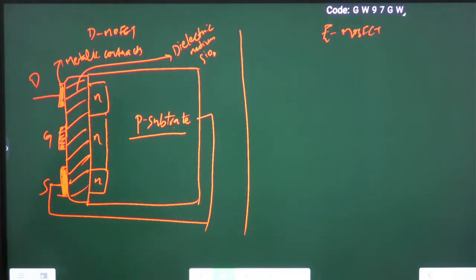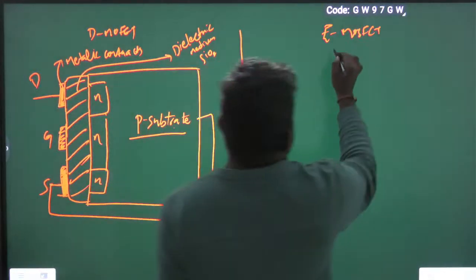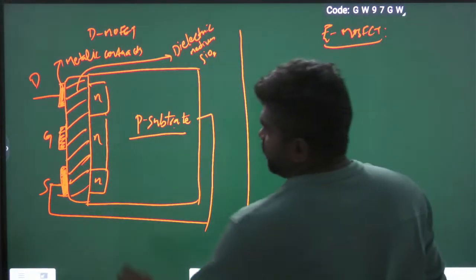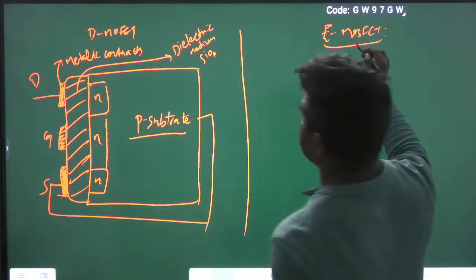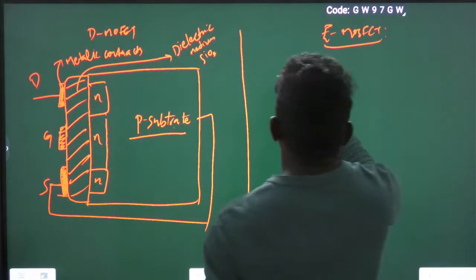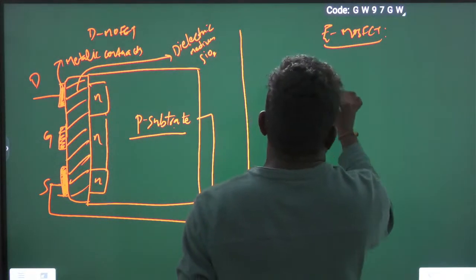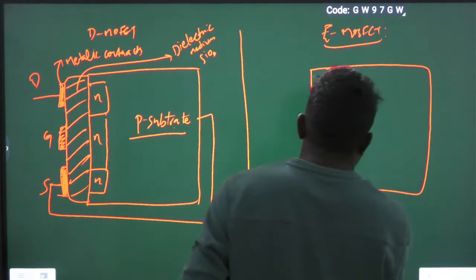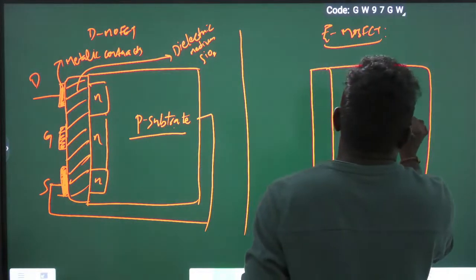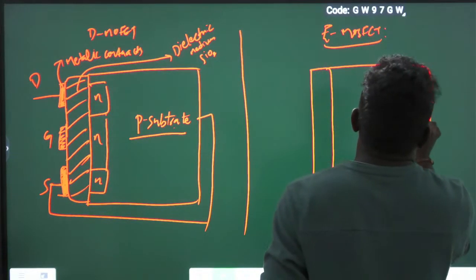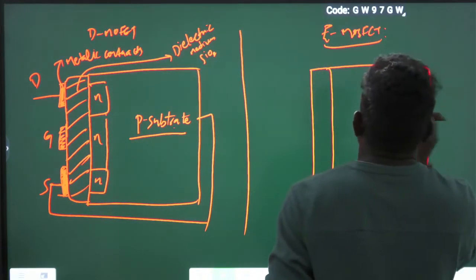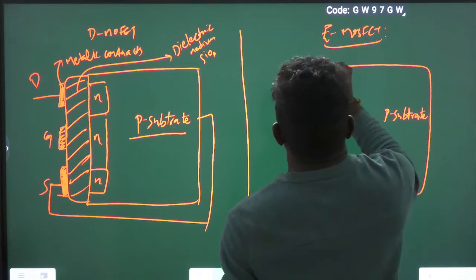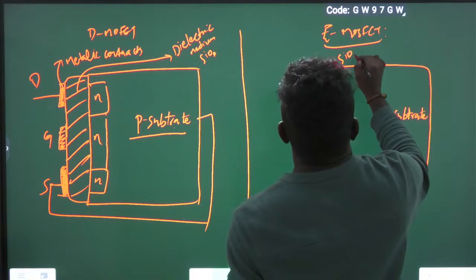Now we will see the E-MOSFET. You need to observe the major difference between D-MOSFET and E-MOSFET. This is a P substrate. This is the SiO2.